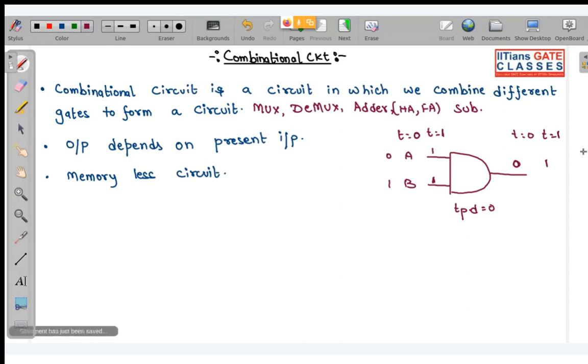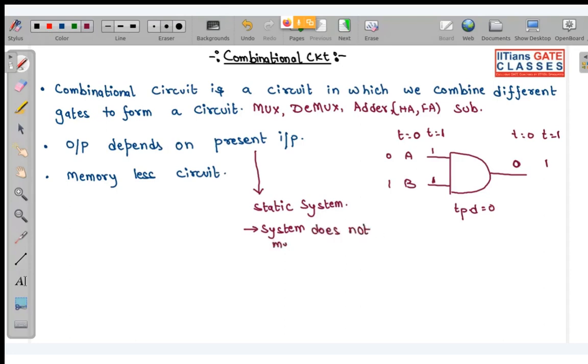I was telling that in a combinational circuit, the present output depends on the present input. If you have studied signals and systems, you might know that such a system is known as a static system. A static system does not have memory.